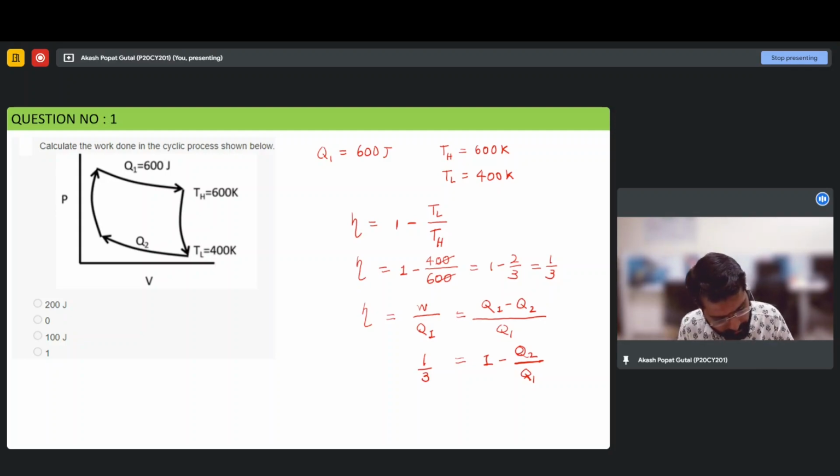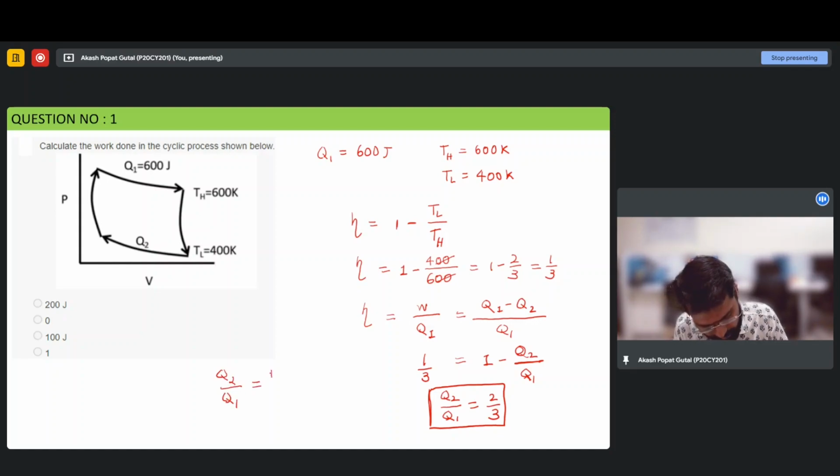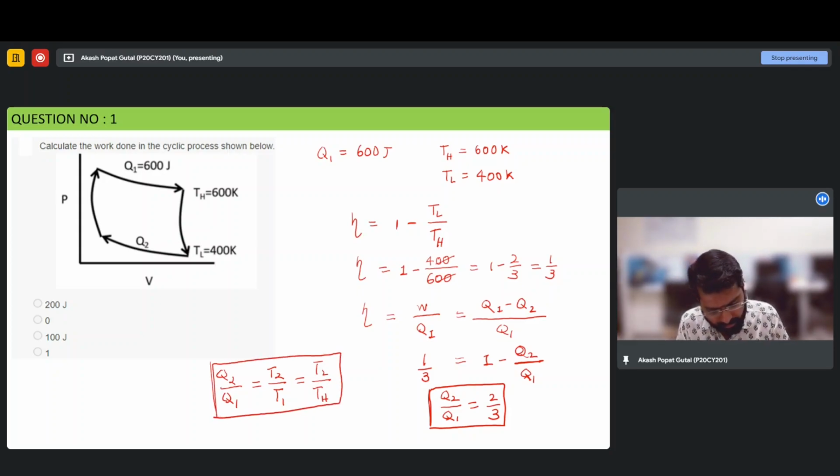So 1 minus 1 by 3 is 2 by 3, and Q2 by Q1 is also 2 by 3. We know the relation that Q2 by Q1 is nothing but T2 by T1, which in this case is TL by TH. So Q2 by Q1 is 2 by 3.